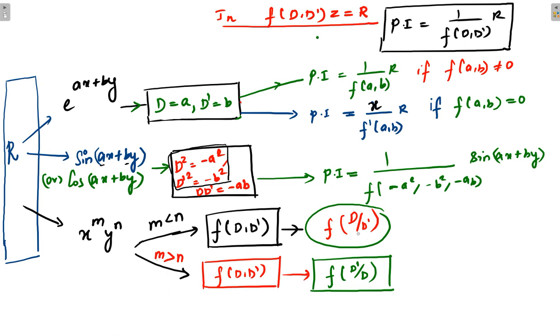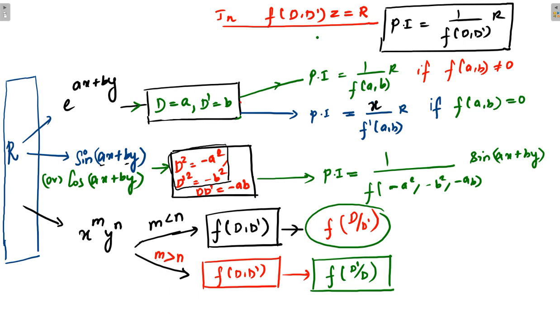That means you have to take d dash as a common term in the corresponding function f of d comma d dash. After that you have to use binomial expansion. With the help of binomial expansion you can find out the particular integral.